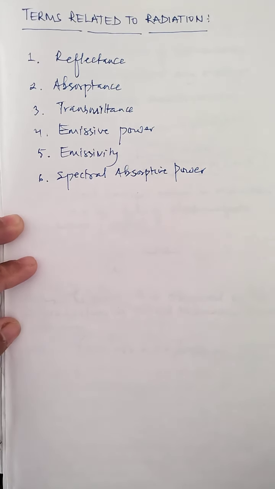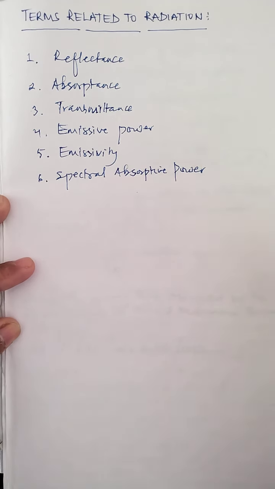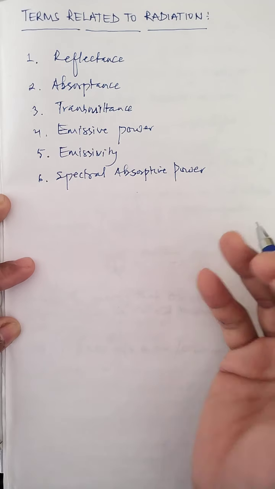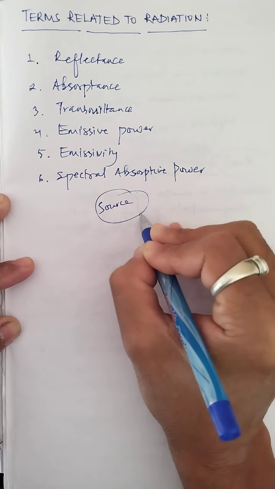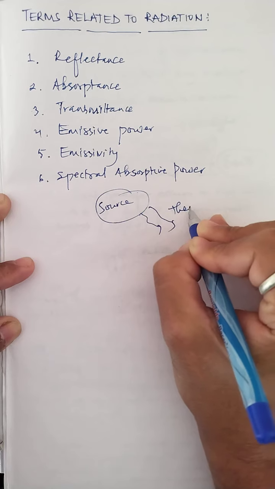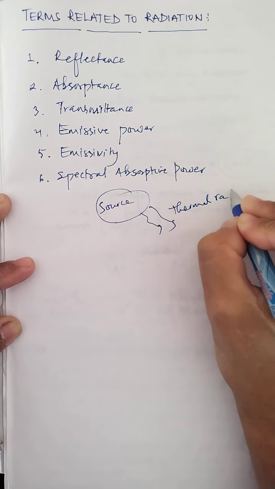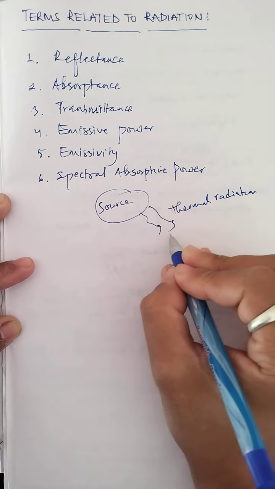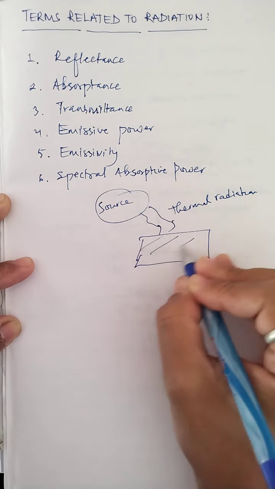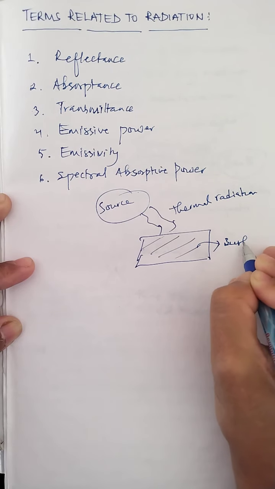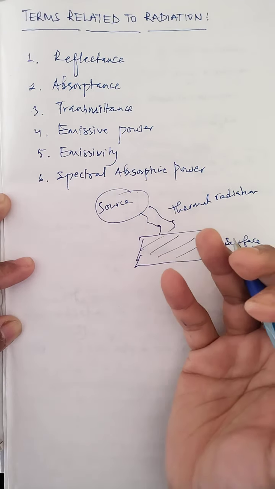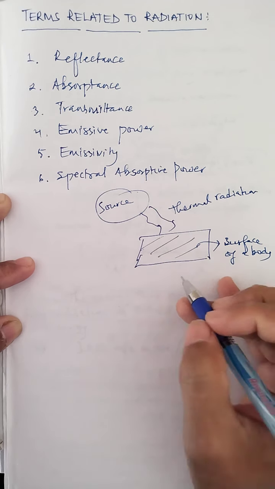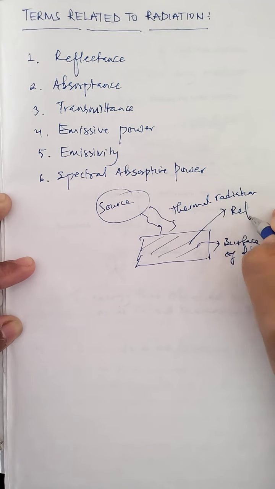Now, to define these terms, let me tell you that when thermal radiation from a source falls on the surface of a body, some part of this thermal radiation is reflected by the surface.